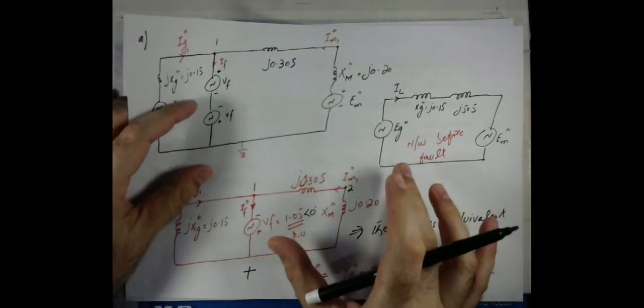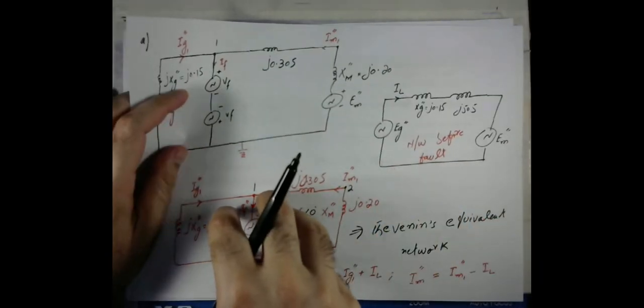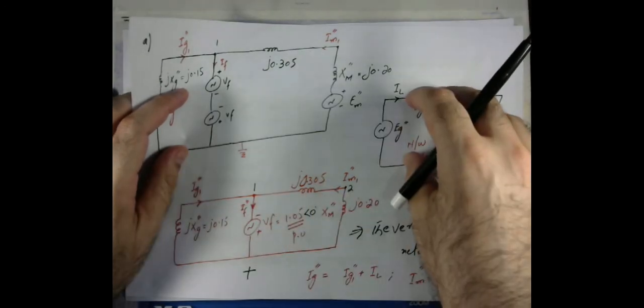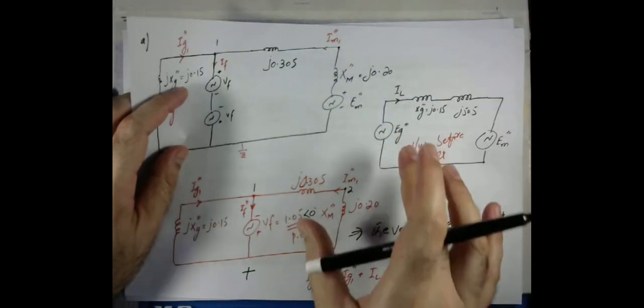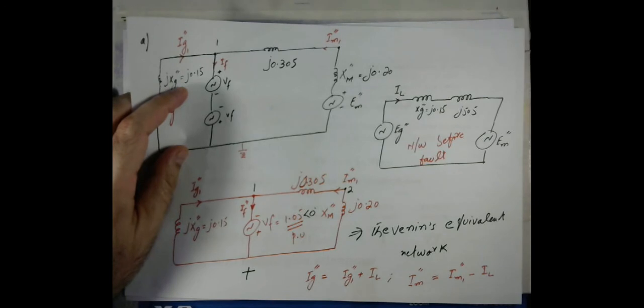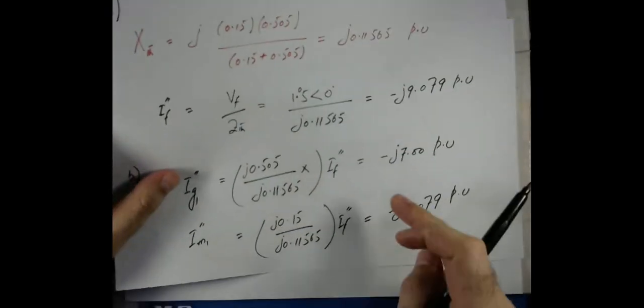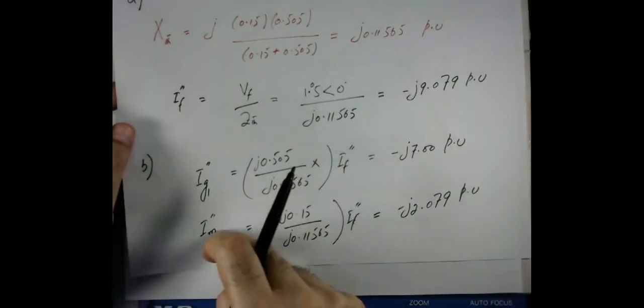So I will get the total current during the fault, and that's what I mentioned. It is the principle of superposition. We solved the Thevenin equivalent network, and then we also solved the pre-fault network. We add the two results and we get the total current during the fault. So now let me add to these two currents the load current.